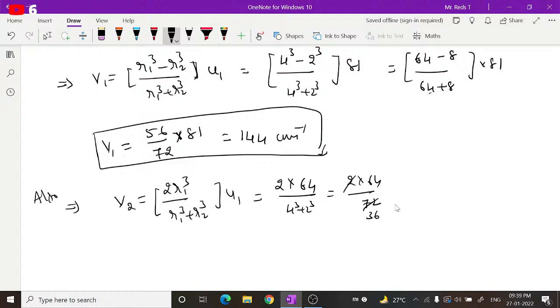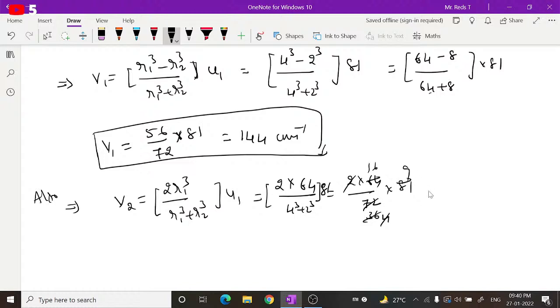So what will we get on simplifying this? Then into u1, which means into 81, right? 9 fours, 9 nines, 4 sixes 24.